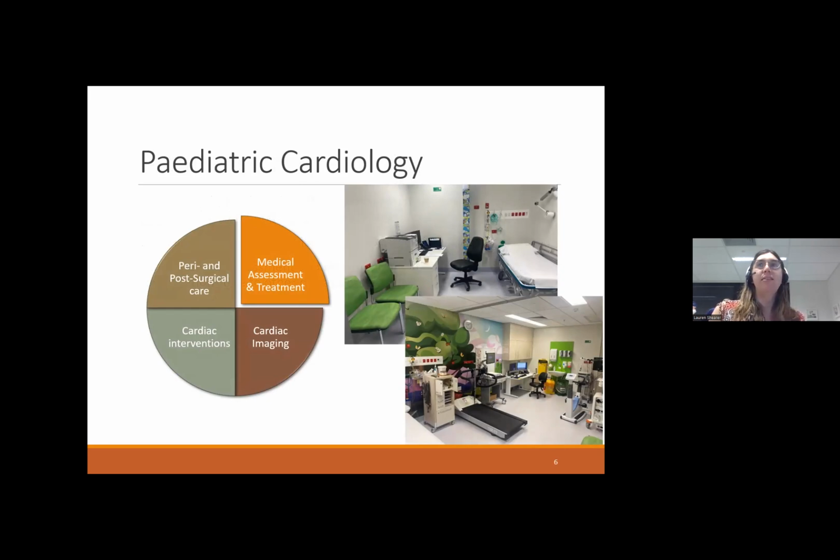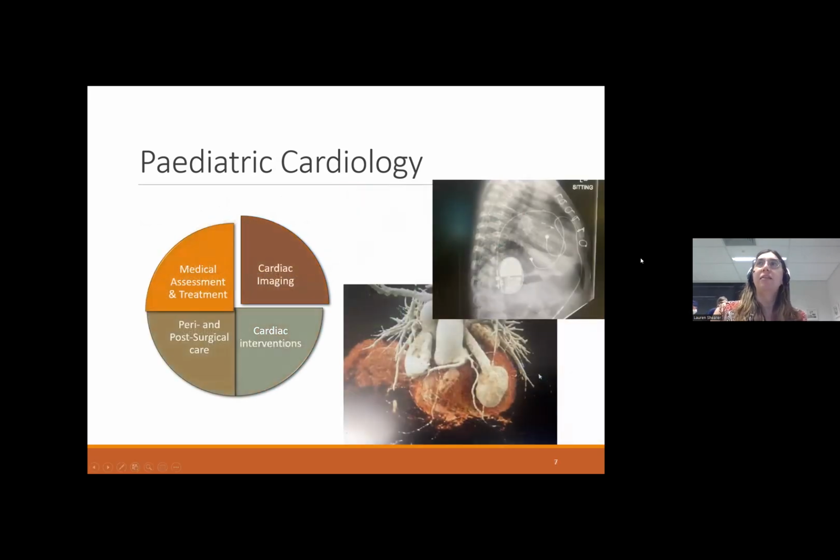A lot of my work is done in clinically assessing patients. So I work out of an office in the hospital and we perform bedside tests, including ECGs and exercise testing, in addition to your typical history, examination, and such findings. We are imaging specialists, and we're multimodality imaging specialists.